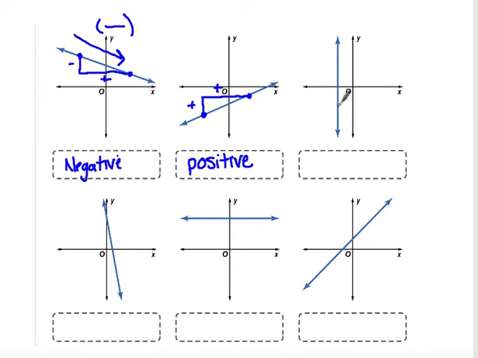All right, and this one tricks us up a little bit. If I pick 2 points on this line, my rise gives me a positive change, but my run is a 0 change. So positive divided by 0, we know we can't divide by 0, so this gives us an undefined slope.